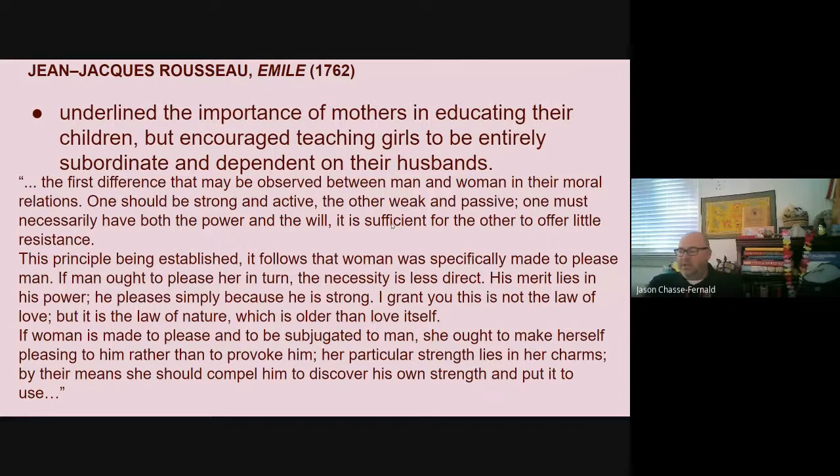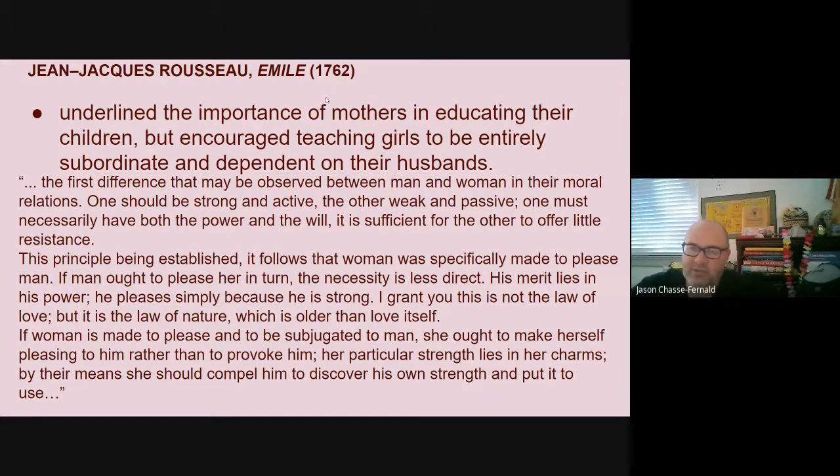What do these Enlightenment philosophers have to say about women's equality? Can the women's rights movement use the Enlightenment thinkers like Thomas Jefferson does with the Declaration of Independence, or like Simon Bolivar does in the letter from Jamaica? Here's a passage from Emile in 1762.